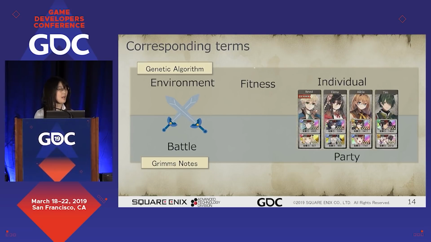It's a party. Each individual has a fitness value, which is a score that represents the degree of adaptation to the environment. As the environment is the battle, the fitness is the battle result. There are many other terms in GA, but these are enough for today.